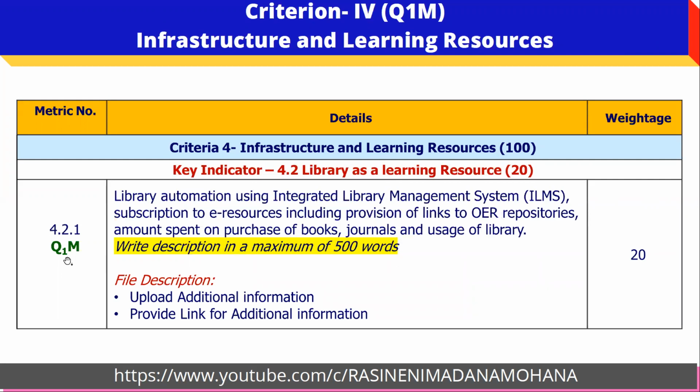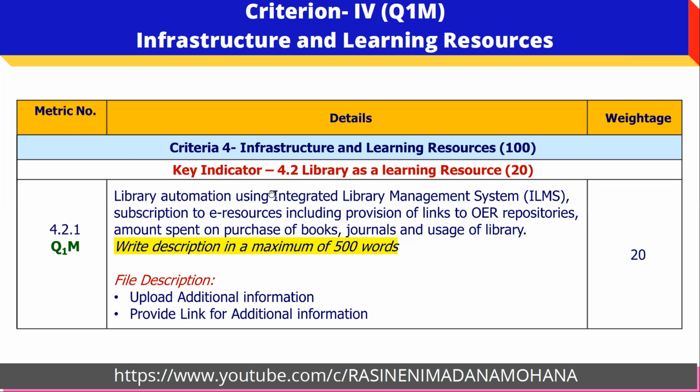The next qualitative metric comes under key indicator 4.2, library as a learning resource, that is 4.2.1. The question is library automation using integrated library management system, that is ILMS. Then subscription to e-resources, including provision of links to OER or repositories, amount spent on purchase of books, journals, and usage of library.